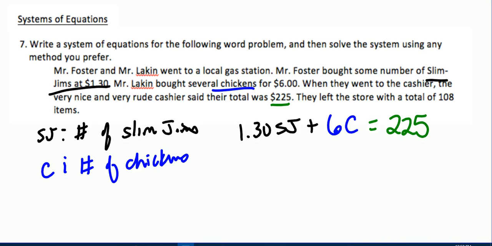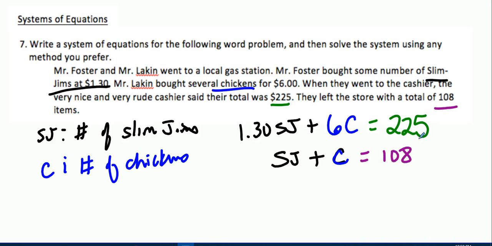Now when they left the store, they left with a number of items as well. So there were two situations: how much everything cost and how much they actually got. So that second part is the number of Slim Jims plus the number of chips equals 108.